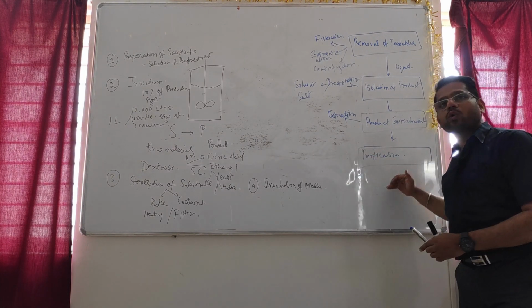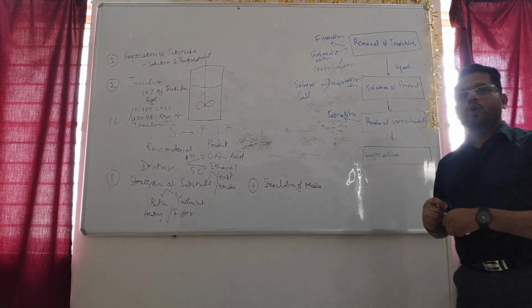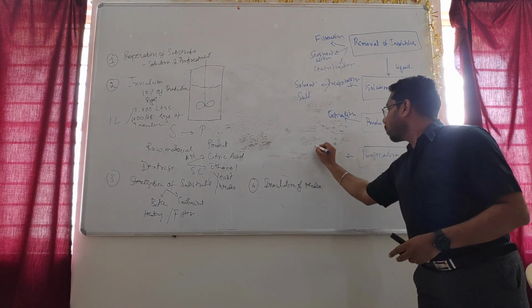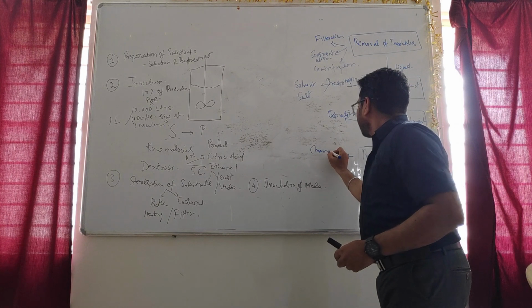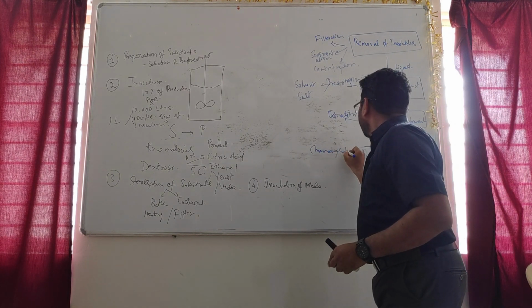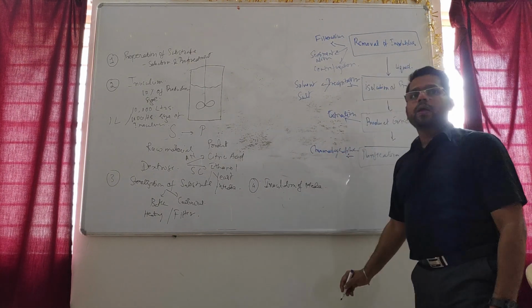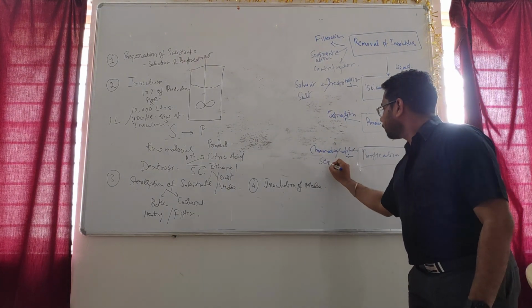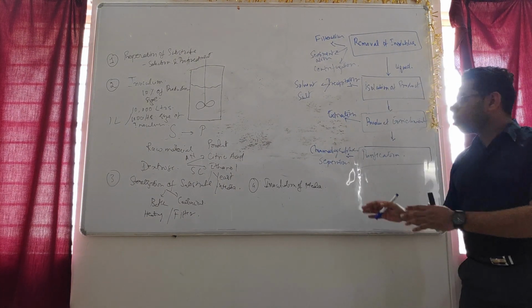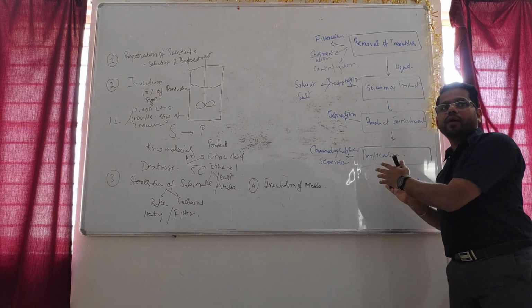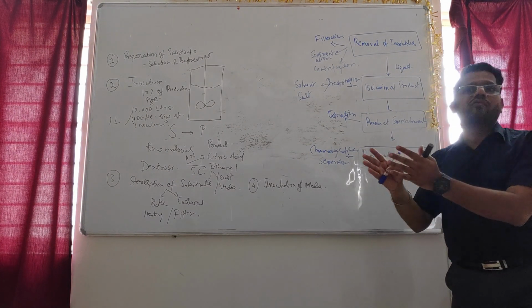So how can you purify a protein? You can purify the protein by chromatographic separation. You can use chromatographic separation technique to purify a particular type of protein from the mixture of proteins.